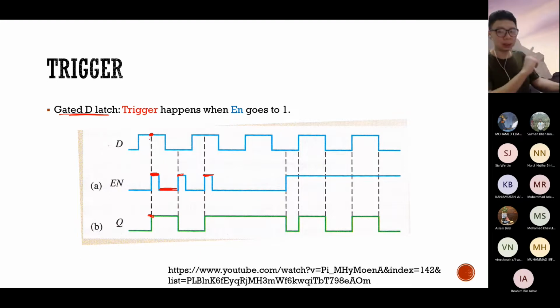It's the latch, not the flip-flop. I'm just going to highlight the difference. If the enable is low over here, the latch doesn't work, so even though you change the value of D, the output is not going to respond to that change. This is the latch. It works on level high and does not work on level low.